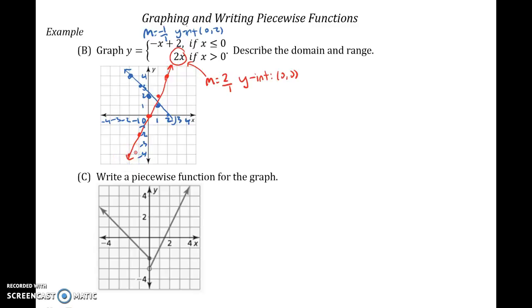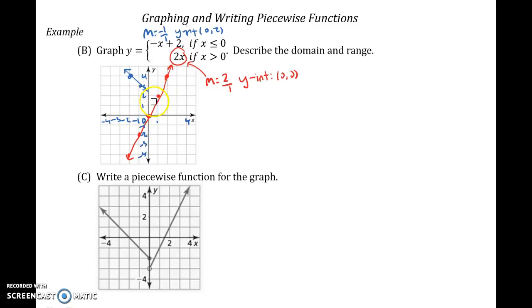But what I want to do is I want to make sure I'm erasing and cutting it off where the constraints are. So the blue line should be where x is 0 or below 0. So that means I actually don't want all of this in blue, right?